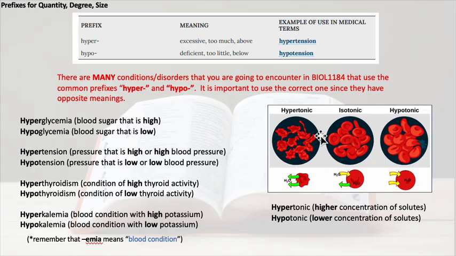So if the concentration of solute, such as salt, is higher in the solution outside of the cell, or you could say in the extracellular fluid, so the fluid surrounding the cell, than it is within our cells in the intracellular fluid, then water is going to leave our cell and the cell will shrivel.